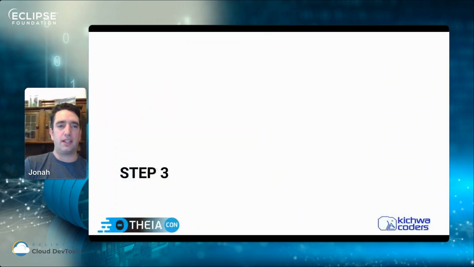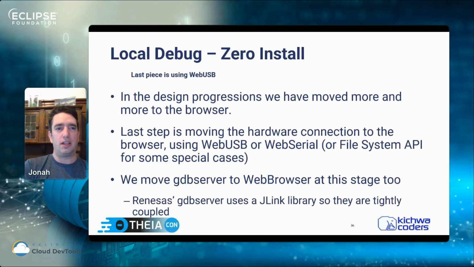So step 3, this is where we're really trying to get to. Local debug with zero install. And to make that possible, we use WebUSB. So we move more and more into the browser. And the last step is to actually get the hardware connection to the browser. Now we move GDB server at this point into the web browser because in our case, GDB server was linked against a J-Link library rather than being separate programs.